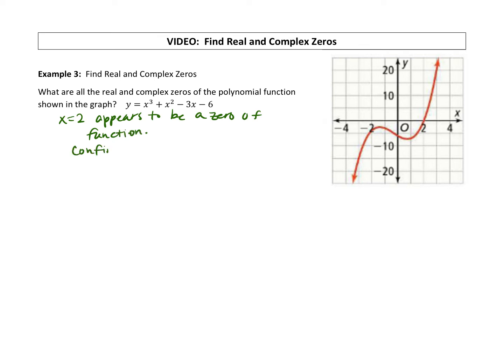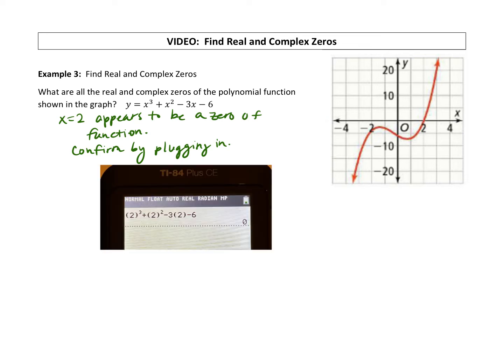We're going to confirm this by plugging it in. Here I am plugging in x equals 2 for all of the x's of the function. To confirm that you have a zero from a graph, that's all you have to do. Just plug in a 2 for all the x's because we think it's at a 2.